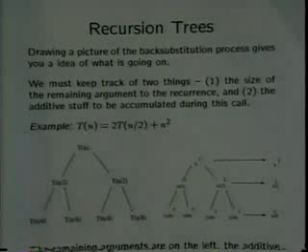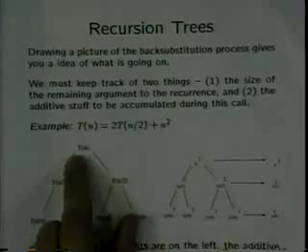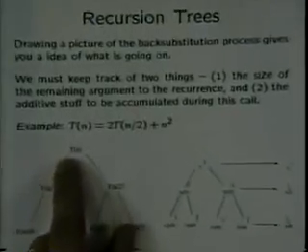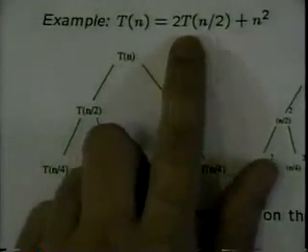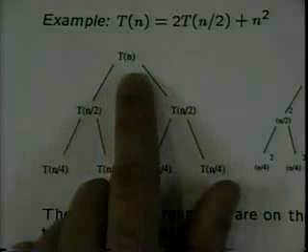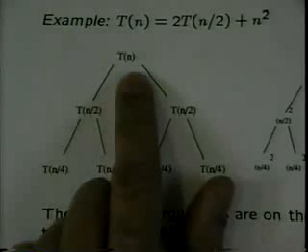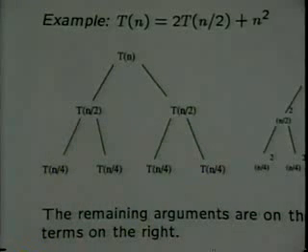So how do we keep track of it? I say we draw a picture of it. We draw the picture of what happens when you try to evaluate T sub n. In this case, the recurrence relation is T of n equals 2 T of n over 2. In the course of finding T of n, we split it up so that we get T of n over 2 plus T of n over 2.